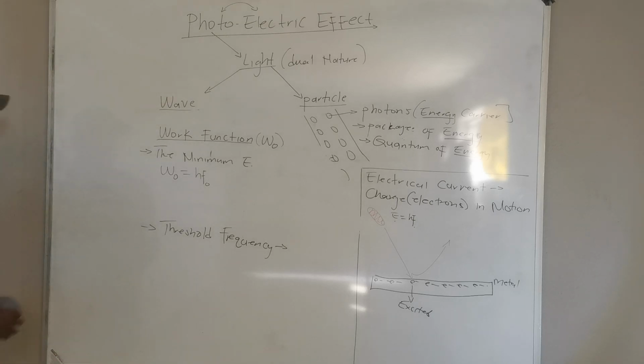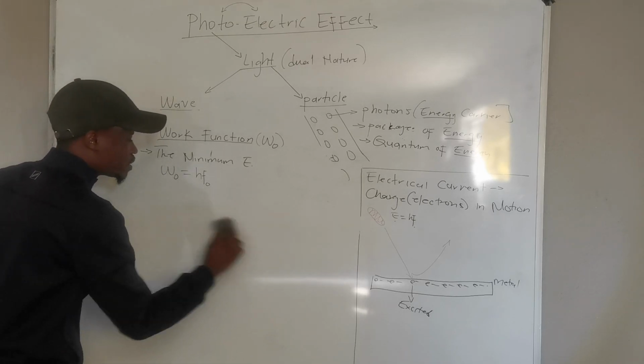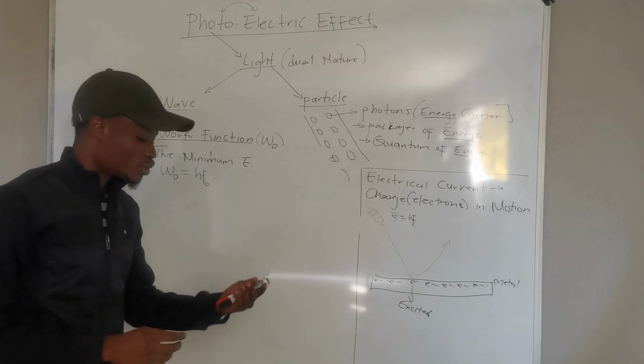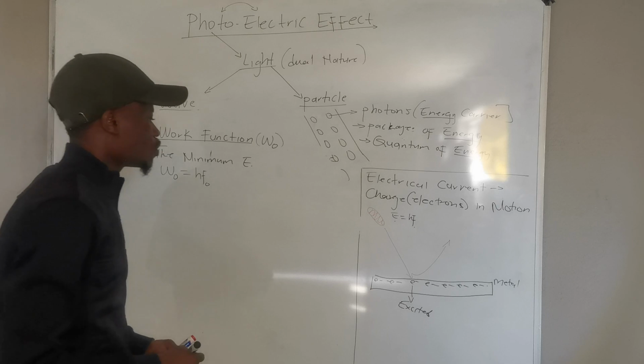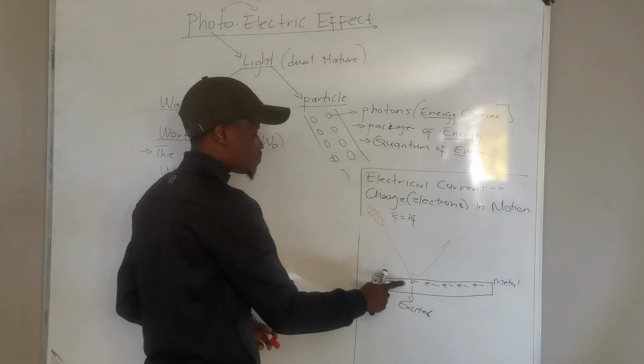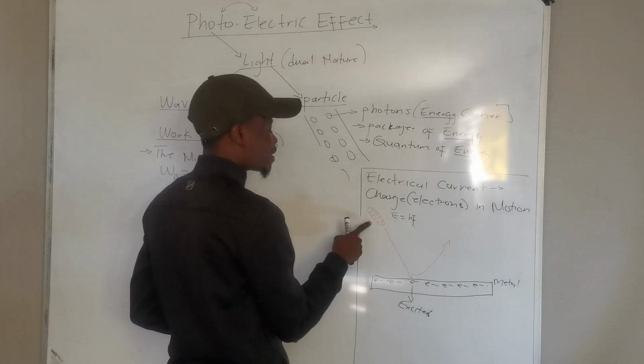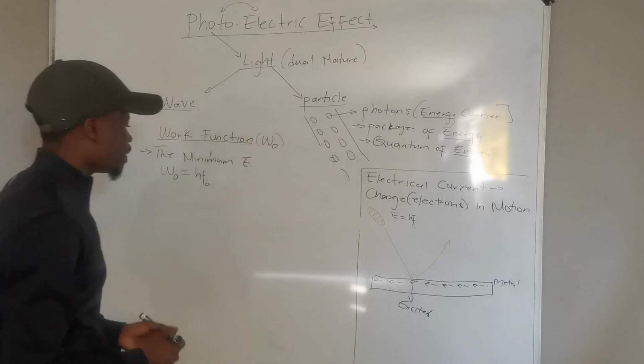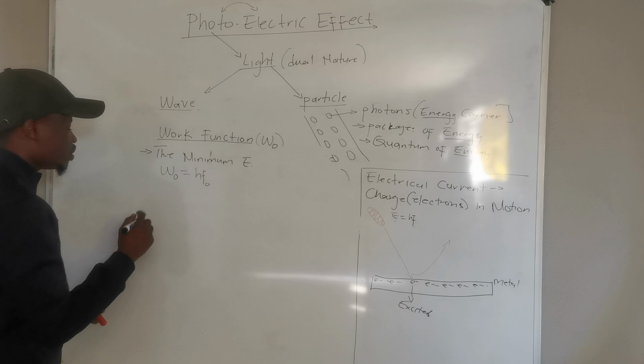Therefore, now that we know this minimum energy and minimum frequency, let us get back to our diagram once again. If the work function is greater than the energy that the photon comes with, an electron will not be ejected.